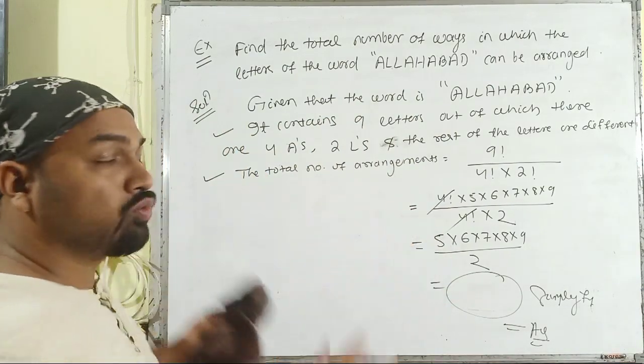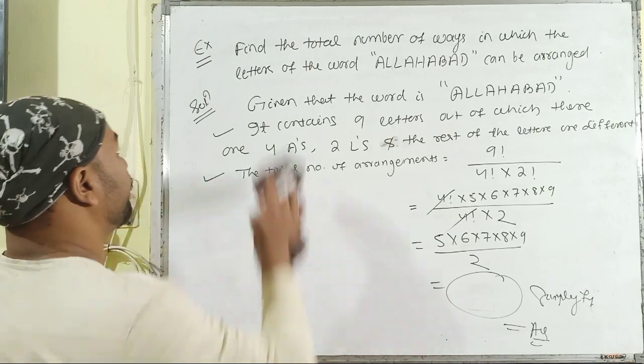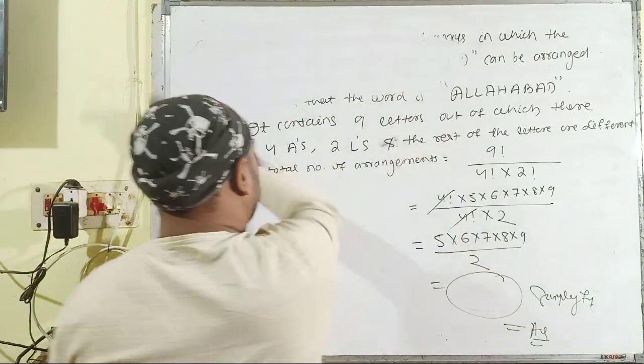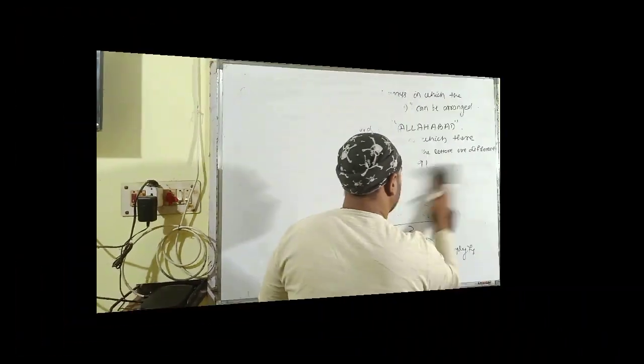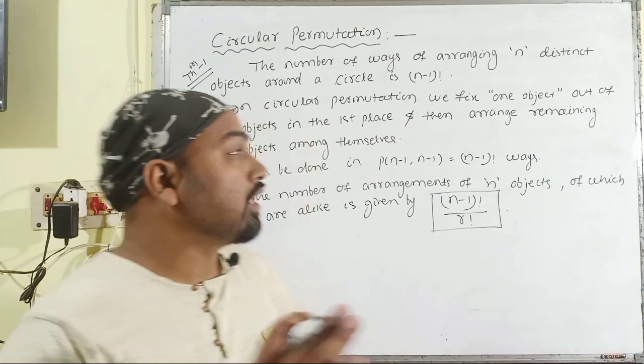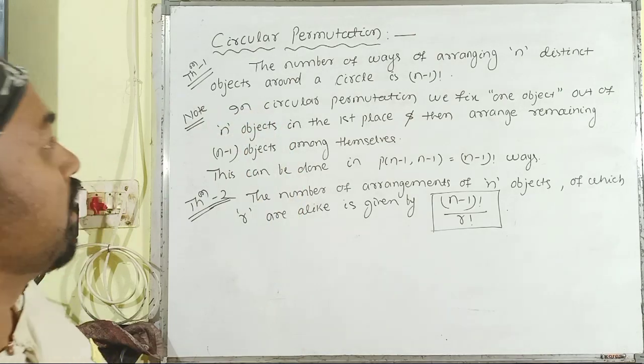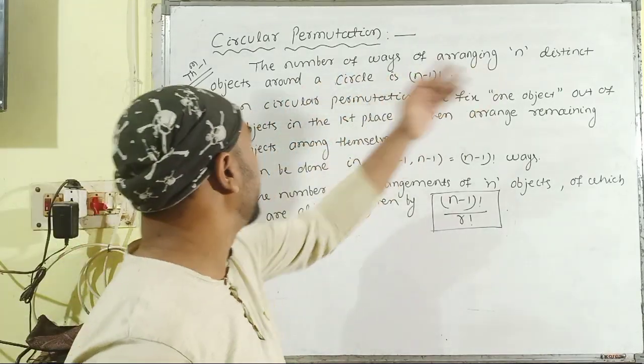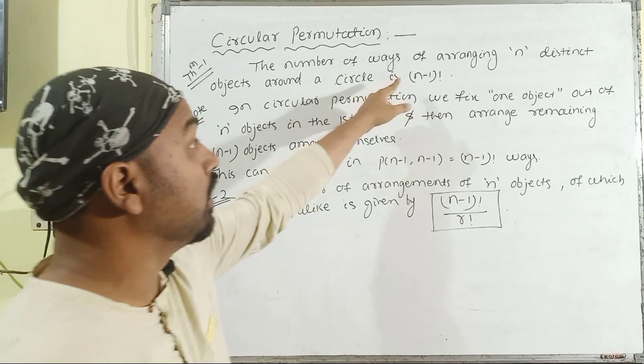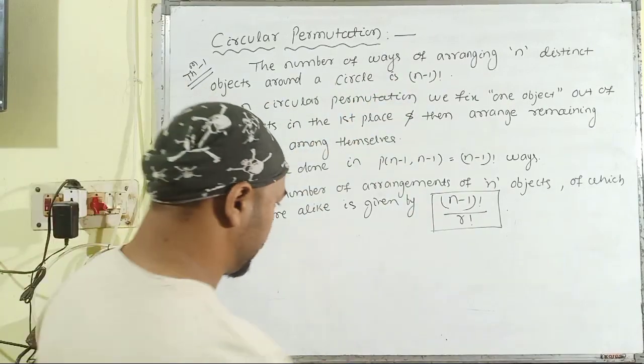Then moving towards circular permutation. So here is the last concept of this video session, and that is the circular permutation. The number of ways of arranging n distinct objects around a circle is factorial of n minus 1.